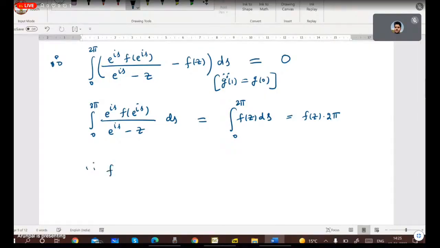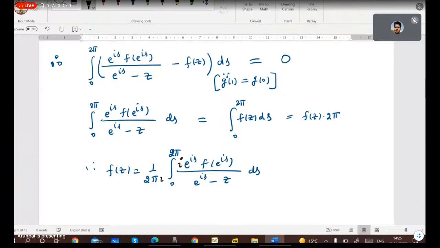So therefore, what will be f(z), class? Therefore f(z) will be 1 upon 2 pi i times the integral from 0 to 2 pi of e^{is} f(e^{is}) divided by e^{is} minus z, ds. Class, I multiply i here and i multiply i here, right, class? Yes, sir.